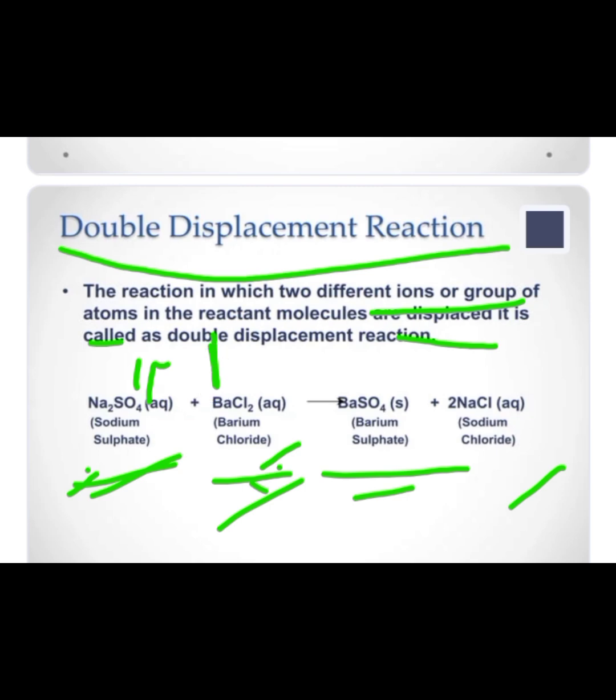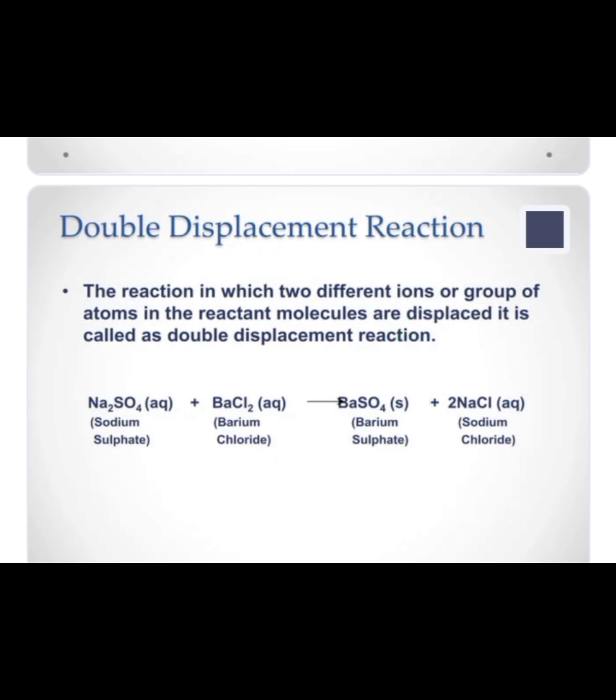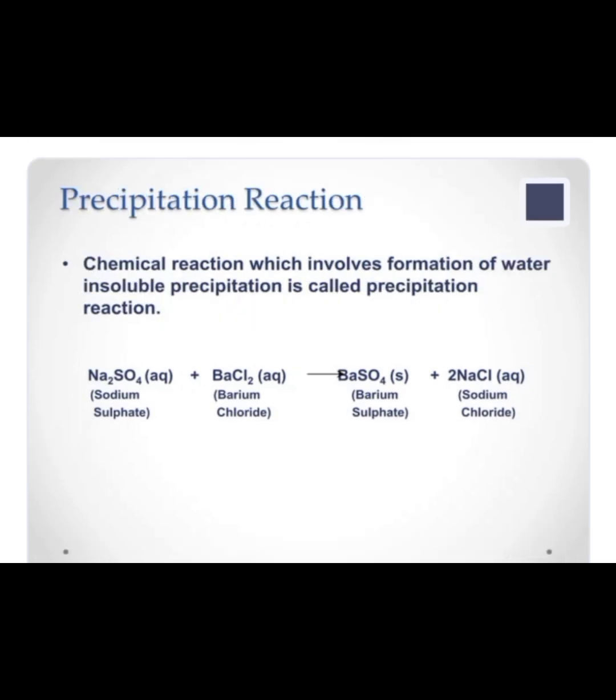So barium sulfate is formed and sodium chloride is also formed as a side product or byproduct. So the mutual displacement of the elements or the ions in the reaction gives a double displacement reaction. You can see the example of a precipitation reaction.